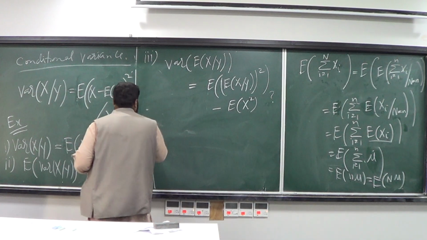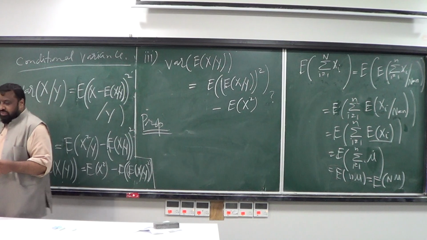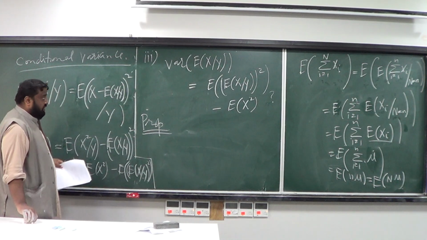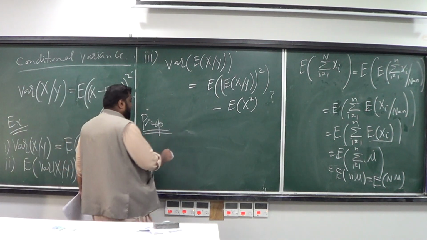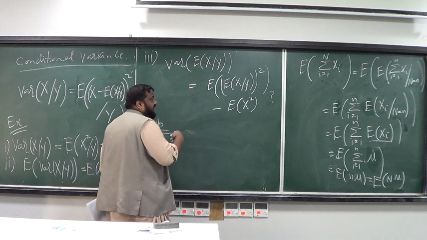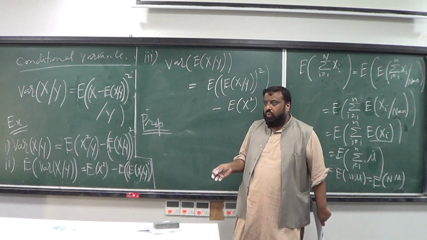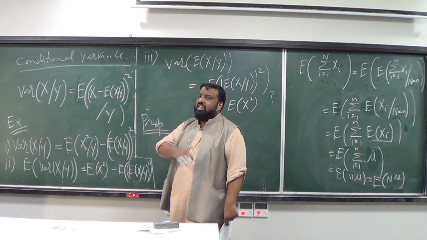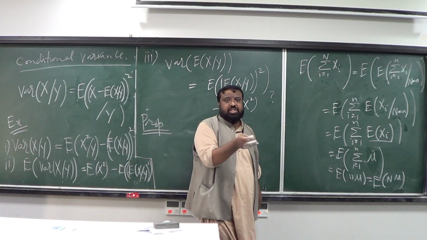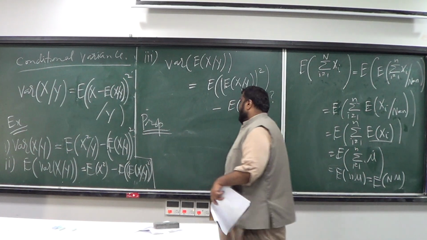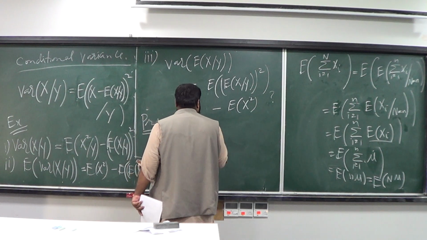And here is the proposition. I'm also leaving this proposition as an exercise for you. I know how the expectation of x is related to the expectation of the conditional expectation. The question is, can I relate the variance with the conditional expectation?